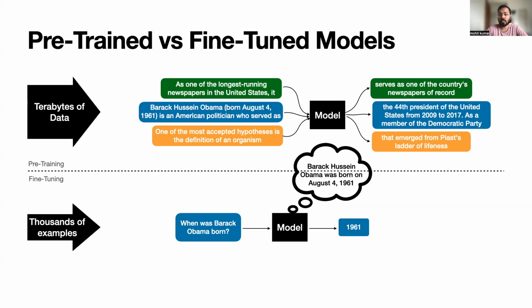So we are in a way utilizing the underlying understanding of the model, which it already knows. Like when someone was born, it just doesn't know how to output just the year. So we fine tune it on this particular task, and it becomes tuned in this specific task, and then we can use this fine-tuned model to query about someone's birth, and it will output the year. And as mentioned earlier, this will require much less data to fine-tune the model compared to the option of training it from scratch.